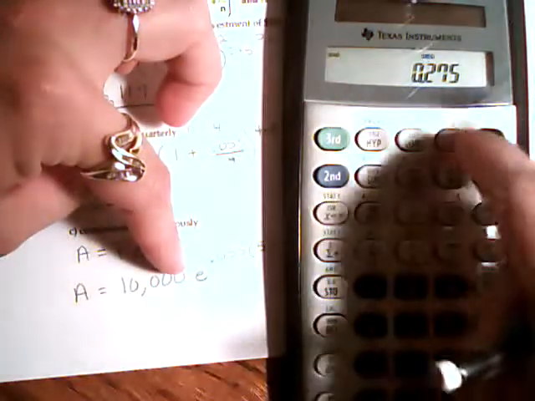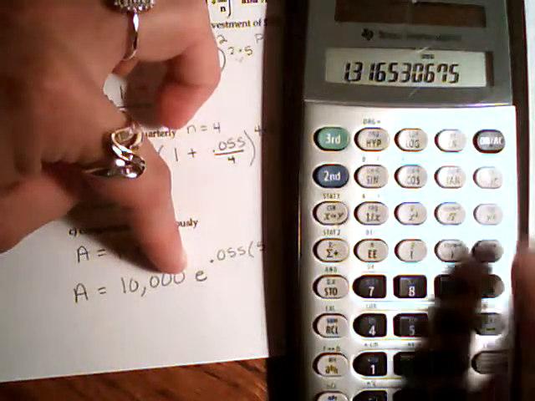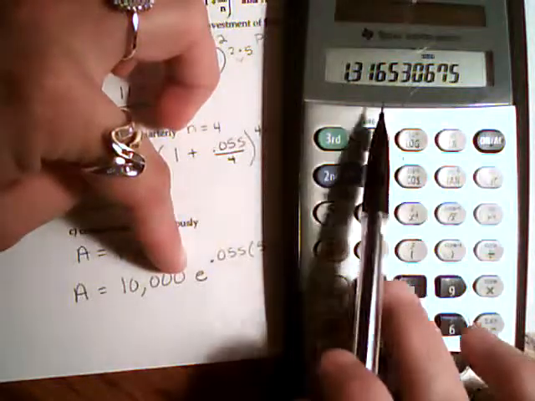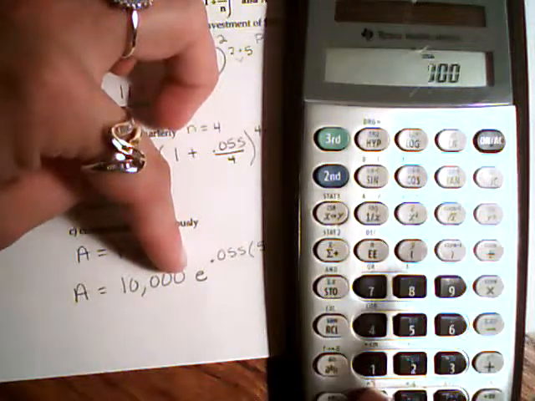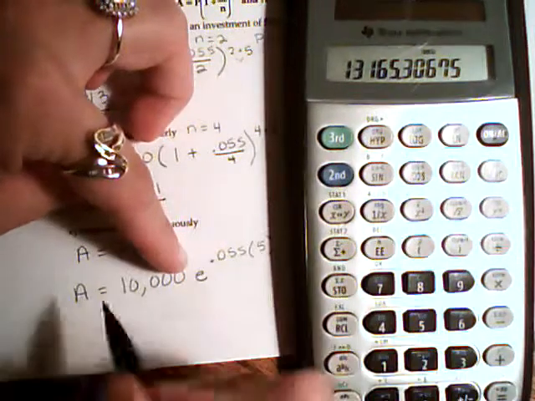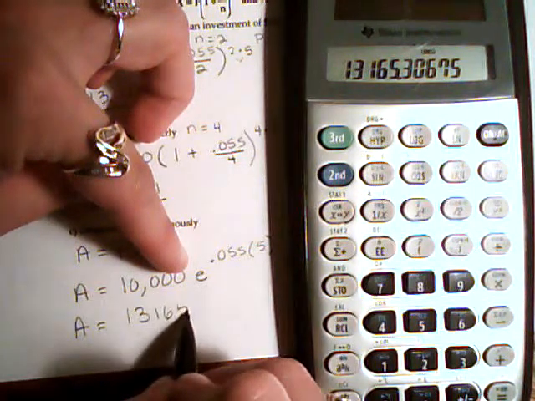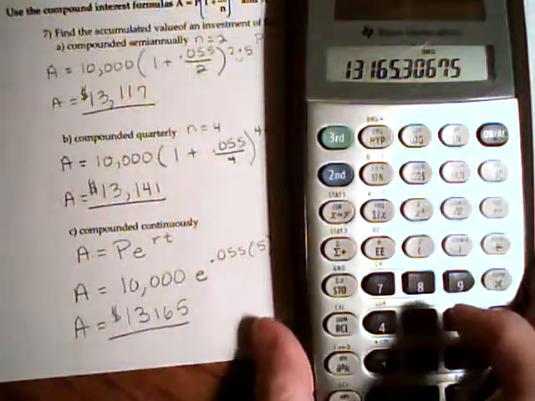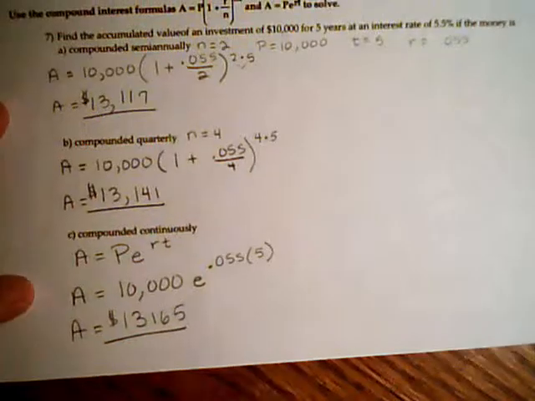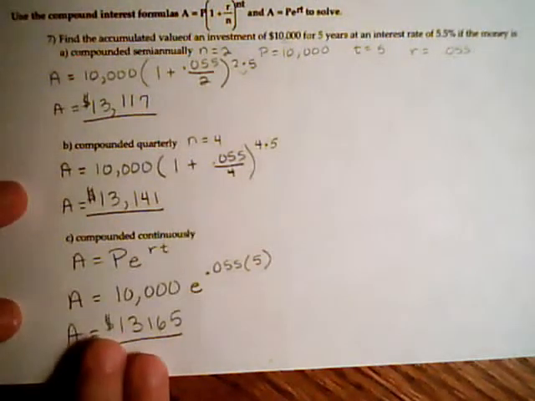So I would hit second e, and I don't have to hit equals. Then that would be times 10,000. So my account balance would be $13,165. And so we can see that would be the best bet. It may ask you on the homework which one is the better return for your investment.